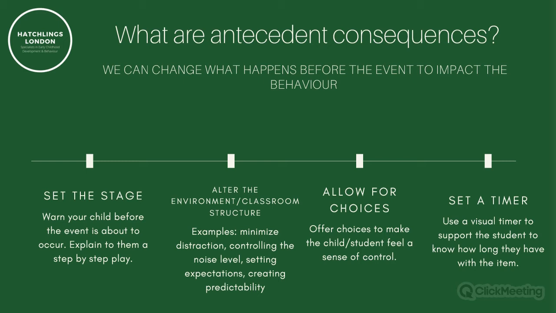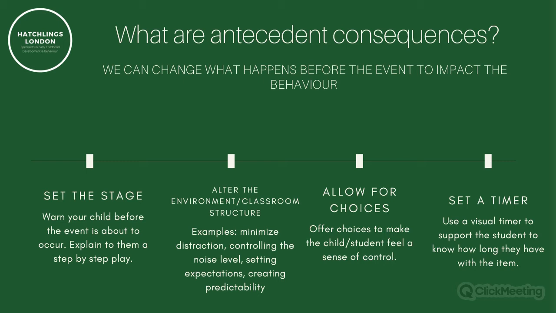The second antecedent consequence that we could use is to alter the environment or the classroom structure. Some examples of this could be to minimize distraction, controlling the noise level, setting expectations, and creating predictability. We can allow for choices, so offer choices to make the child or student feel a sense of control.